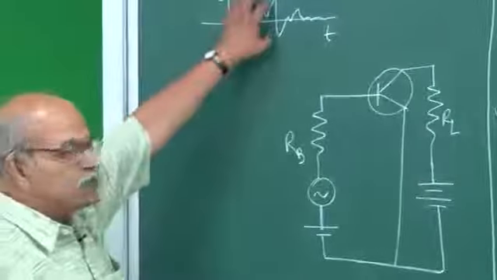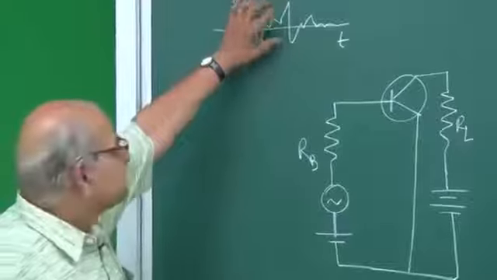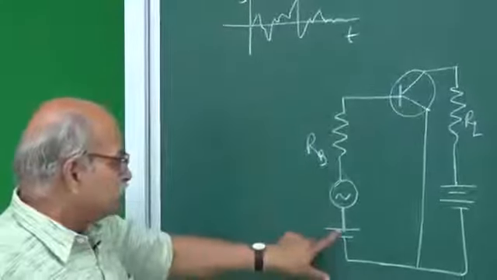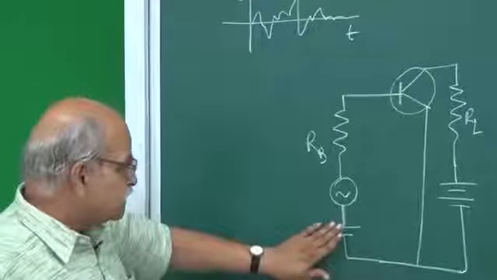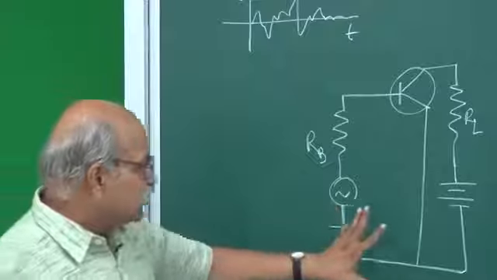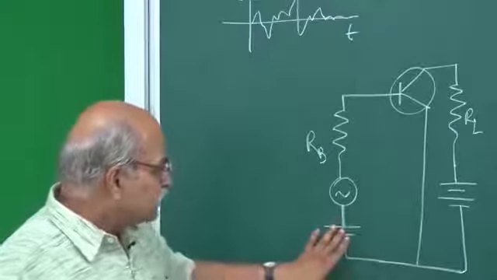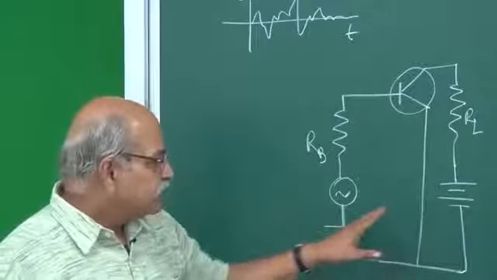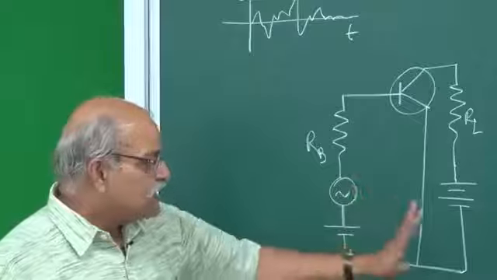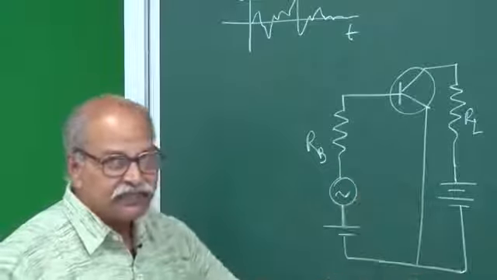And this signal is supposed to be small. This biasing voltage is there, and you have chosen this biasing voltage here and here in such a way that you are well in the active region.